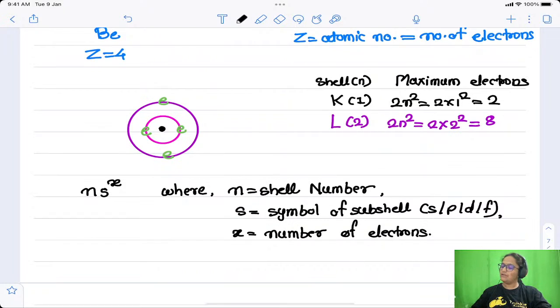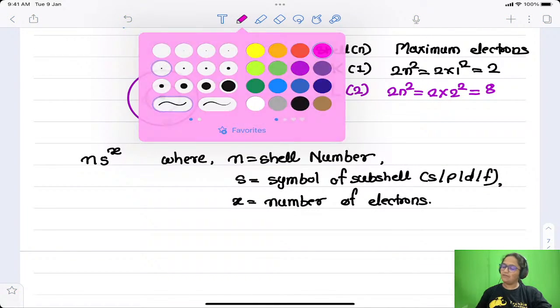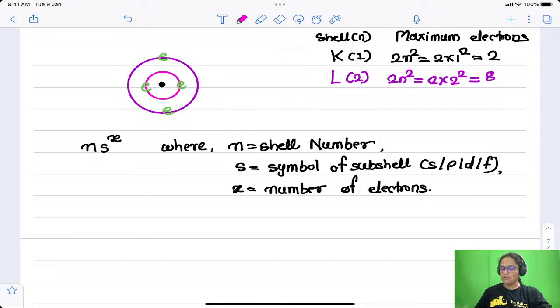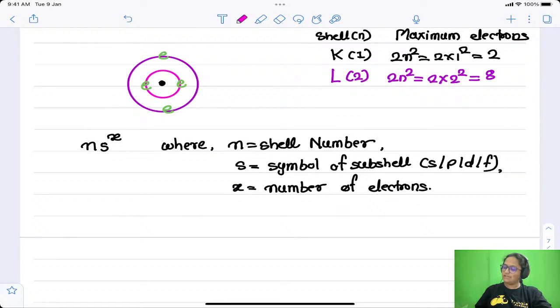Now here there are 2 shells, so we have to write down the configuration for the 2 shells separately. First of all, for the K shell, n is equal to 1, the symbol is s and 2 electrons are present.